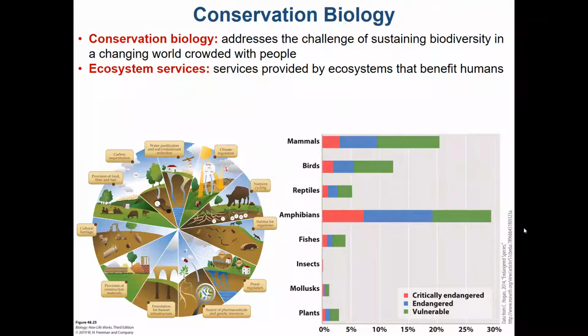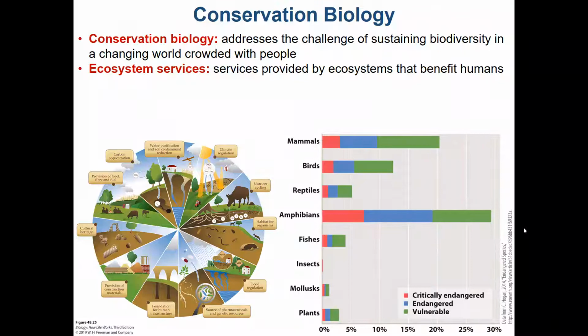At the broadest level, most biologists would hope to sustain our shared heritage of global species richness, which is a tall order on a planet increasingly marked by human activities. Biologists have identified about 35 biodiversity hotspots, which we talked about in a previous lecture.